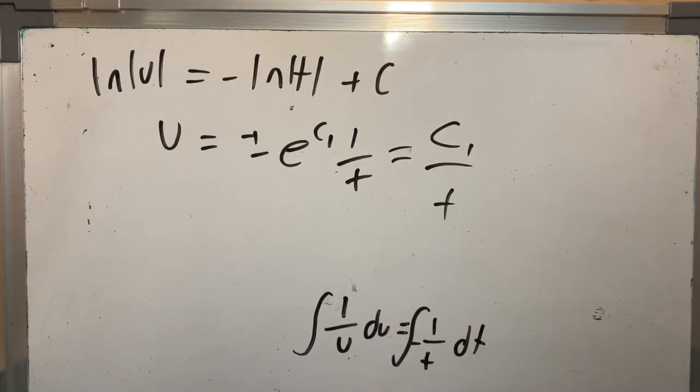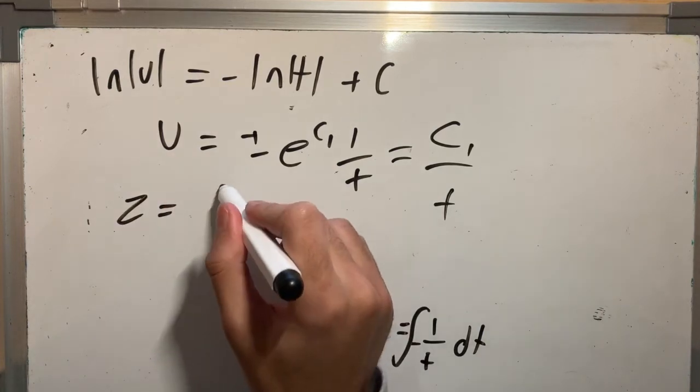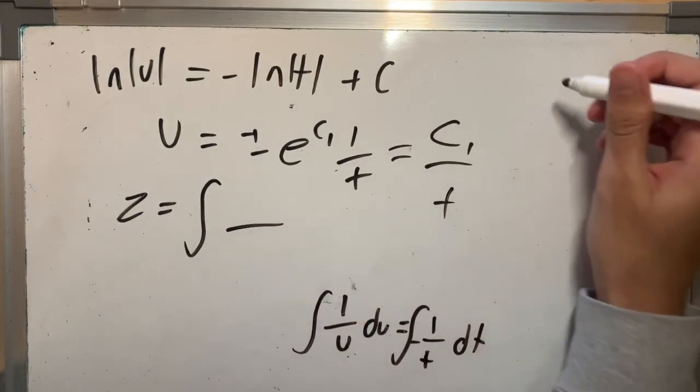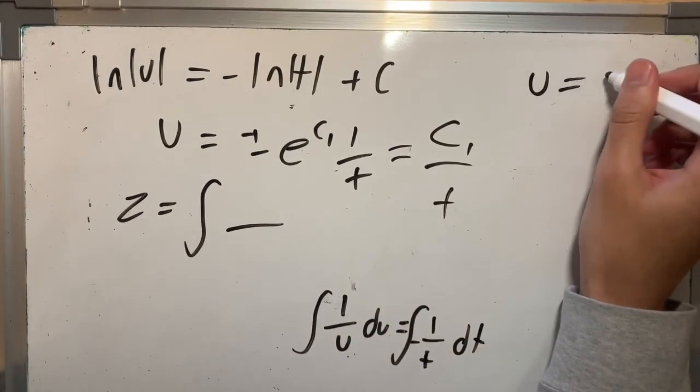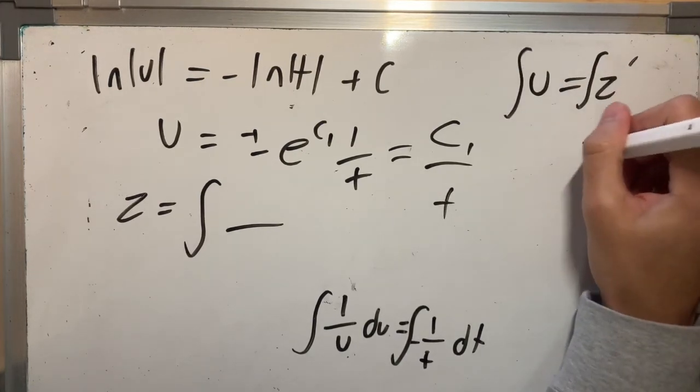Okay. And now, if we recall what z was equal to, because u is equal to z dash, therefore the integral of u would be equal to z.